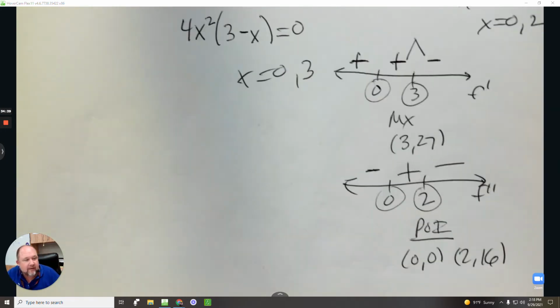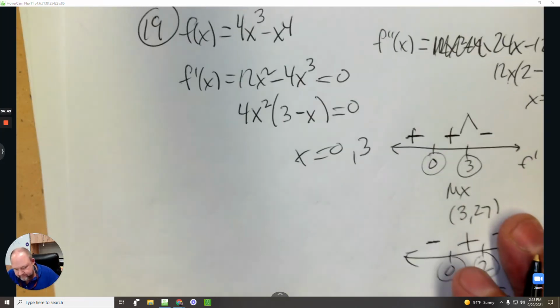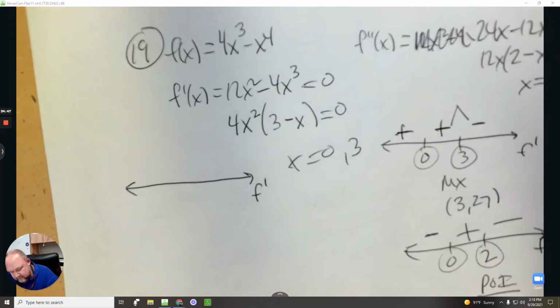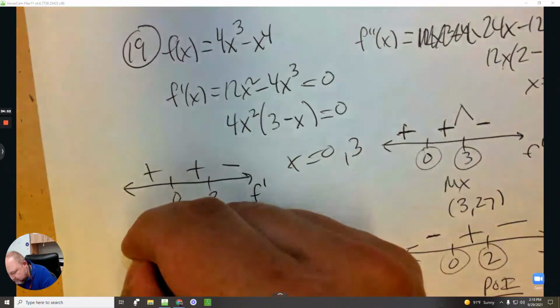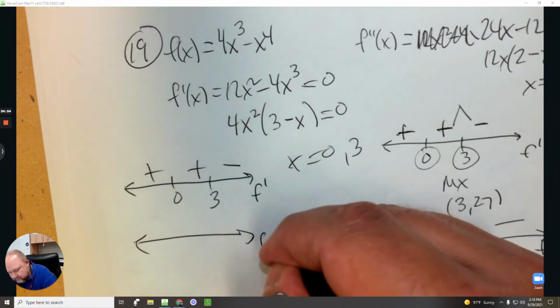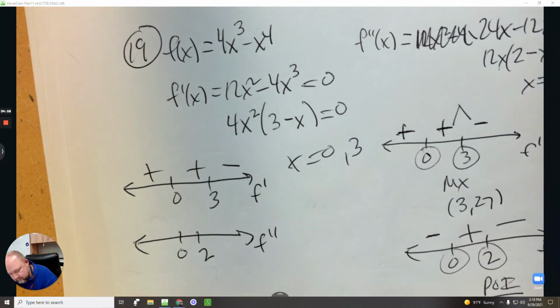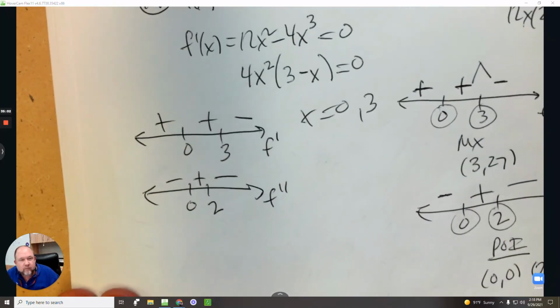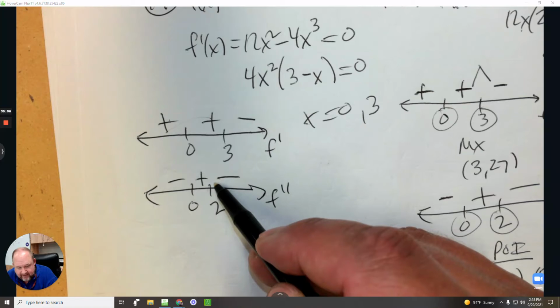All right, so I'm going to summarize what I'm going to graph right now. So let me just put this down. So this tells me increasing and then decreasing and then concavity.